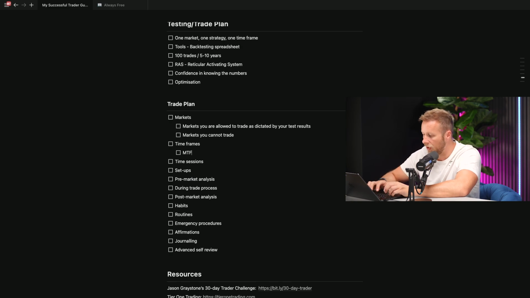Next thing is timeframes, okay? So timeframes, what time frame do you trade on? Do you use multi-time frame analysis? Do you use higher time frame to form a bias? Do you use a trading time frame? Do you use a lower time frame for entries and management? Okay, so you're going to have what time frames you're allowed to trade.